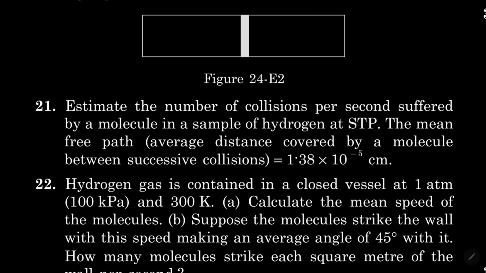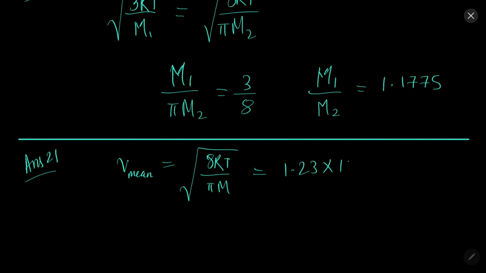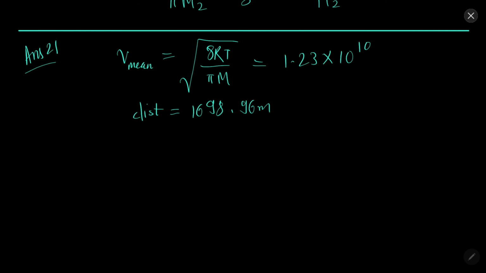In question 21, estimate the number of collisions per second suffered by a molecule in a sample of hydrogen at STP. Solution 21. So the mean velocity, average velocity, is root 8RT over pi m, so it will be 1.23 into 10 to the power 10, and the total distance is 1698.96 meters.